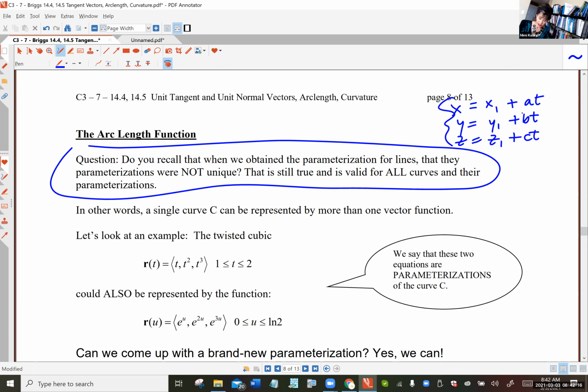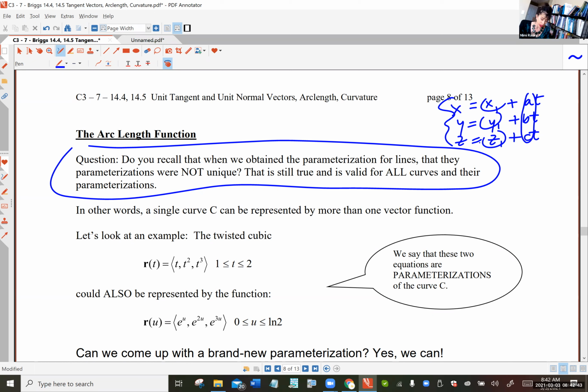The reason is that your direction vector with the direction numbers a, b, c might be a multiple of mine, because it's just parallel. Or the point that you chose that lives on the line is different from the point that I chose. So we may have different parametric equations, but we're still describing the same identical line in space.